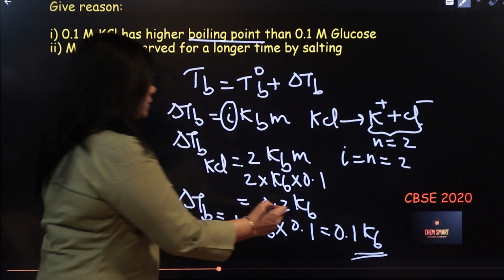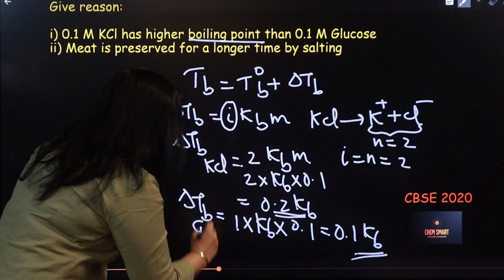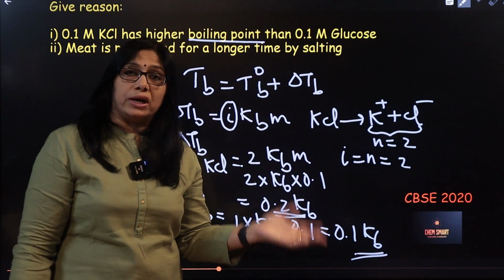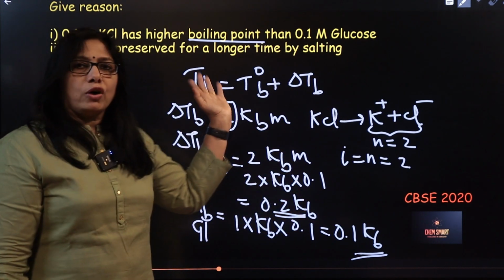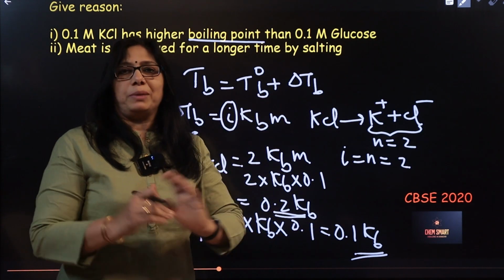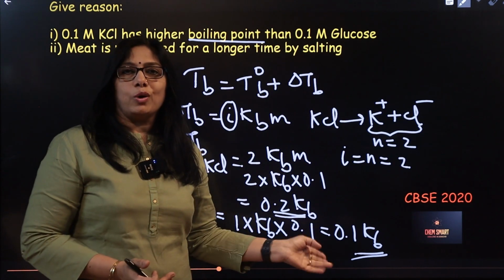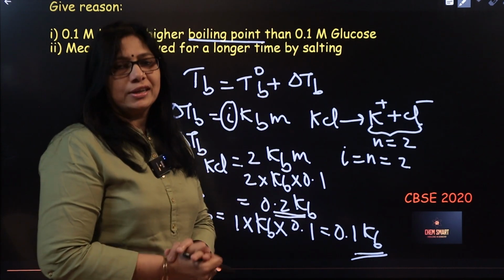For KCl, it is 0.2 Kb, and for glucose, it is 0.1 Kb. So which one has the greater value of delta Tb? KCl. Automatically, the boiling point of the KCl solution will be higher than that of glucose; actually it is twice compared to that of glucose. Clear? This is the application involved.